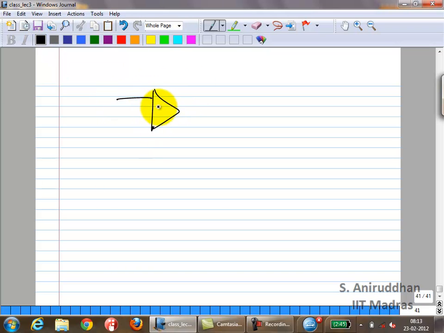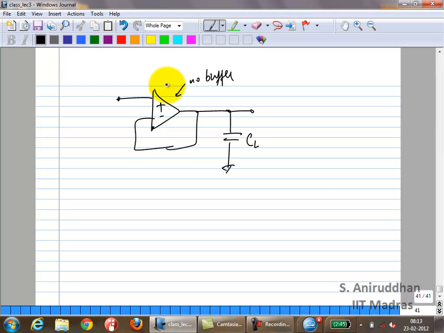Now suppose you take the same guy. So let's say I apply it without the buffer. Okay, so this is no buffer. And I try to drive a capacitance, CL.